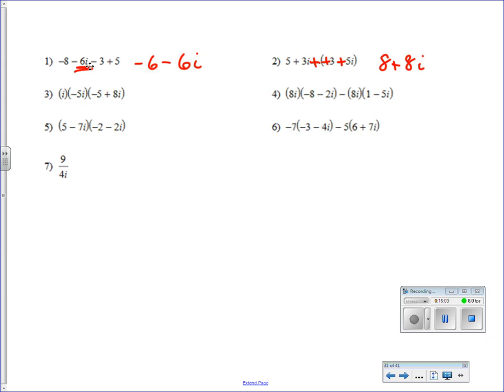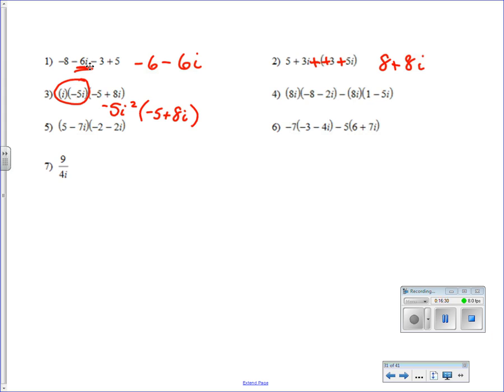All right, next one. Notice we're doing some multiplying in the beginning. So let's multiply these two things together to clean up a little bit. What do you think negative 5i times i would be? It'd be negative 5i squared. Then I'm going to multiply by negative 5 times 8i.